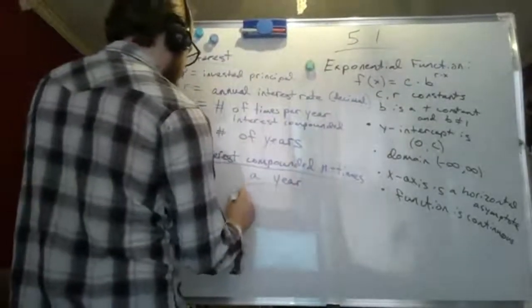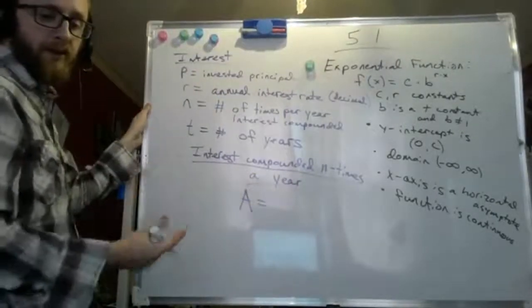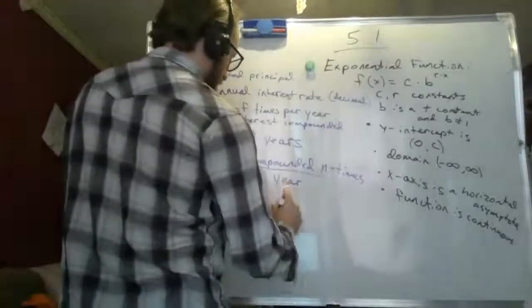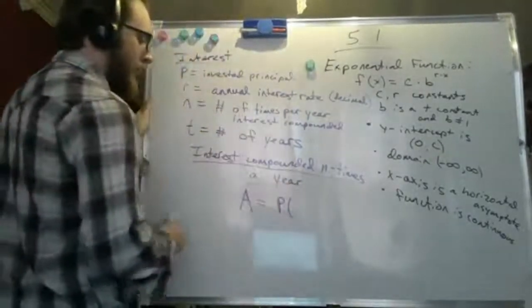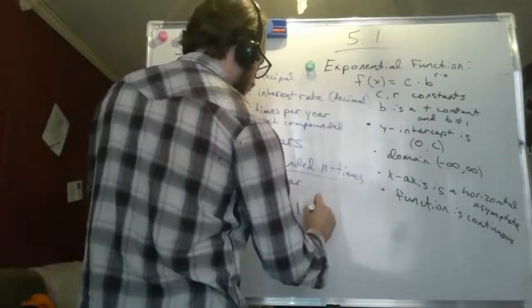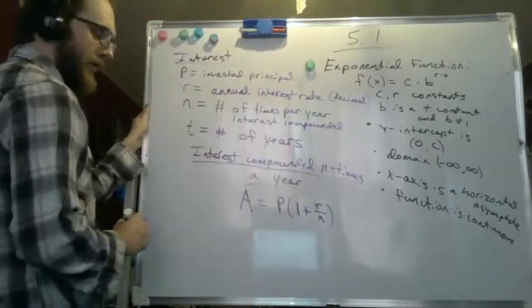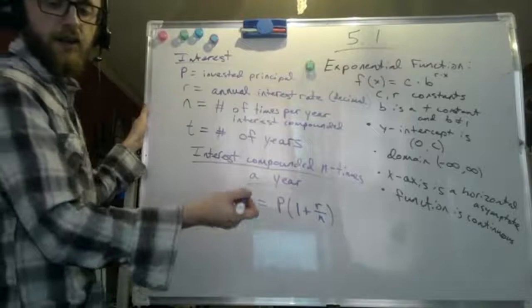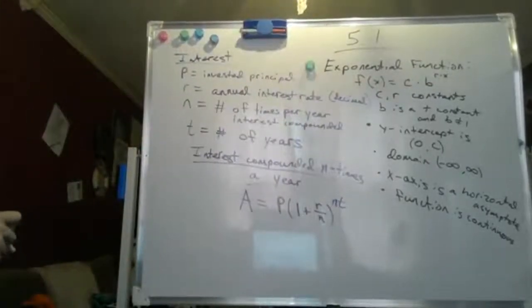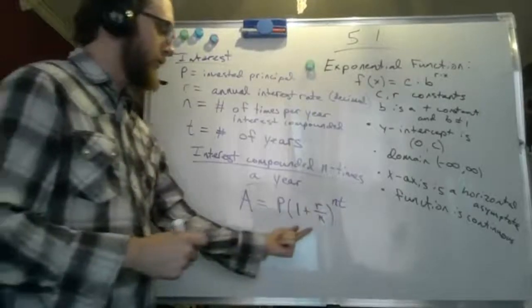So the equation is A, which stands for account balance, so your balance is equal to P, however much you started with, times 1 plus r, your interest rate, divided by n, the number of times it's compounded, raised to the n times t power. And so P, r and n are all going to be constant numbers that you know that you're going to plug into this.